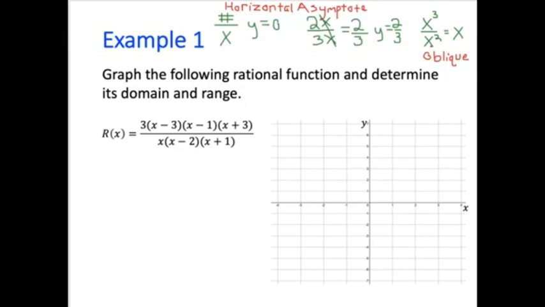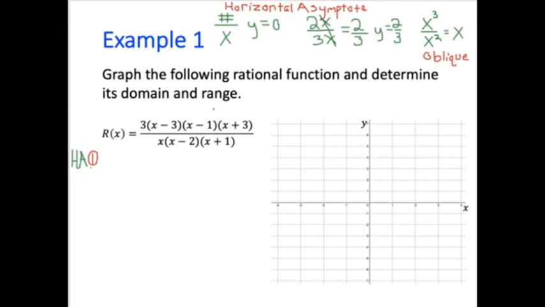So let's go ahead and apply this horizontal asymptote trick down here to our function. So for part 1, we're going to be looking for the horizontal asymptote or the oblique asymptote, whichever it is. And I'm just going to write here that we're looking for the horizontal asymptote. I'm going to put HA, standing for horizontal asymptote. Now notice that this is factored out, so it's a little bit harder to see what the leading terms in the numerator and denominator are.